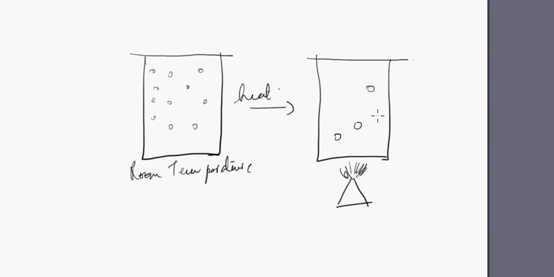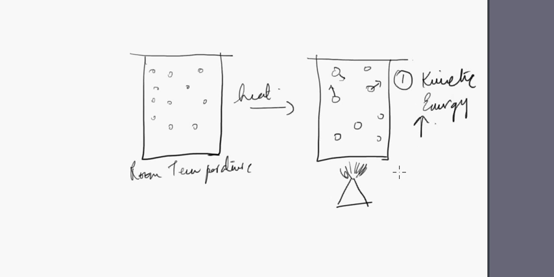First of all, the movement of the molecule goes faster. What happens? Two things happen. The kinetic energy goes high.